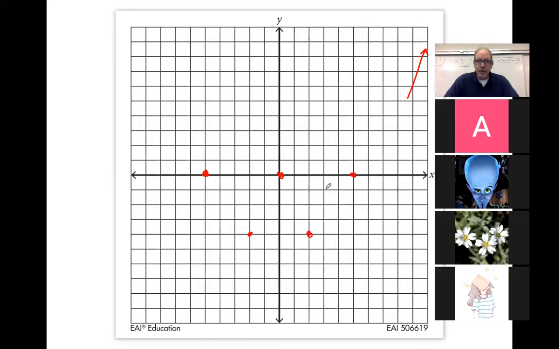That's because it's even. And because it's even, I also know that it's an even degree function, because if it goes up over here, it has to go up over there. It can't go down over there, or it would not be an even function. So I know that it goes up on both ends. Why? Because f is even.